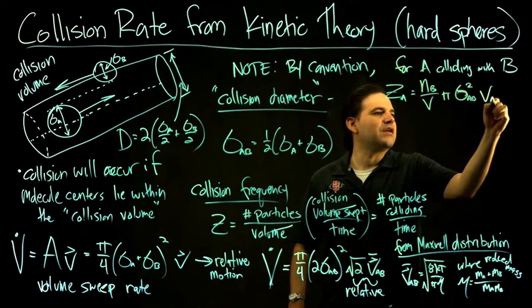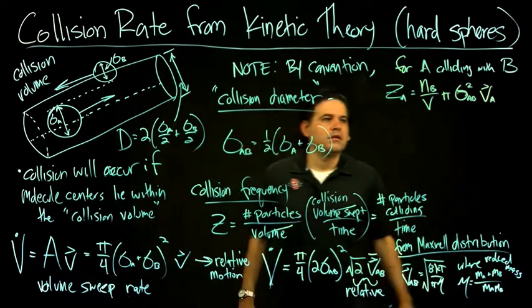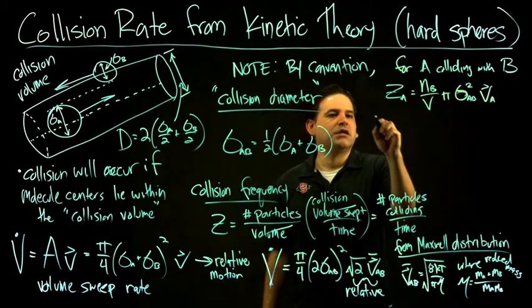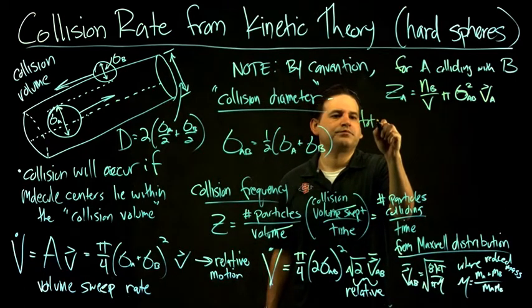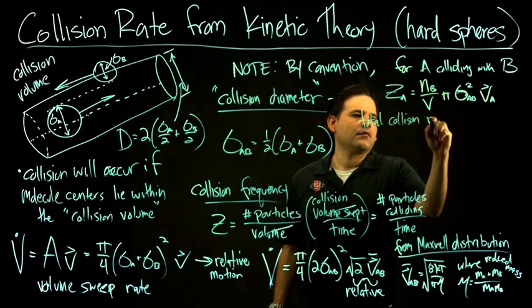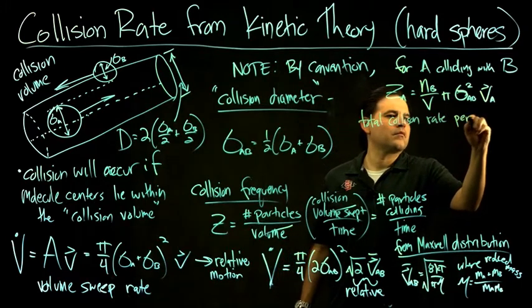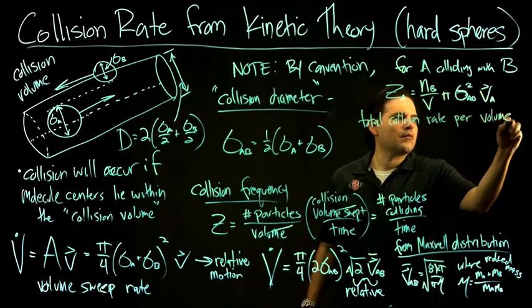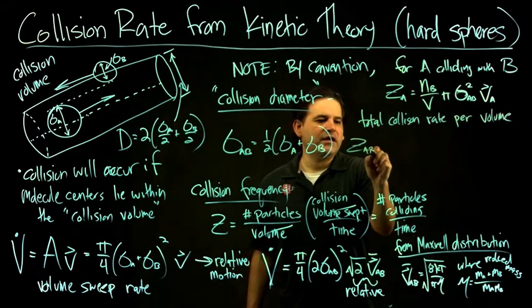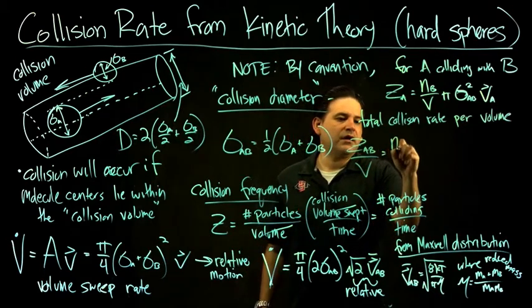And it depends on the velocity of A. But if you're talking about total collision rate per volume, we're talking about both A and B. So per volume would be dependent on both concentrations.